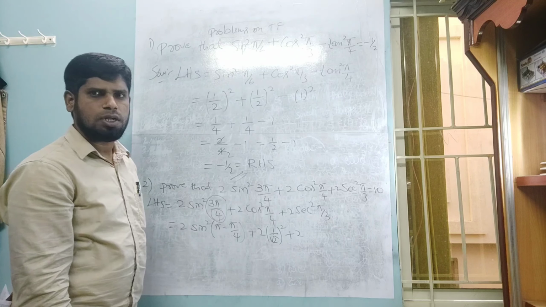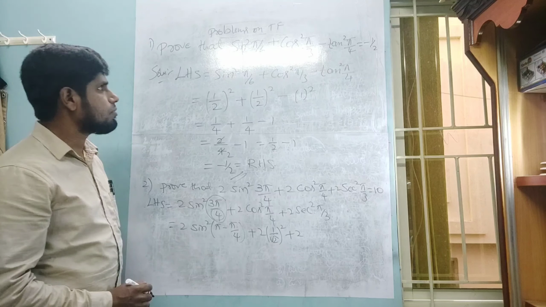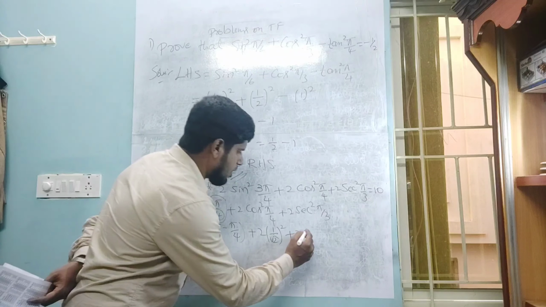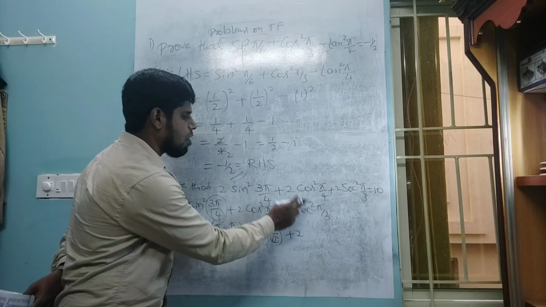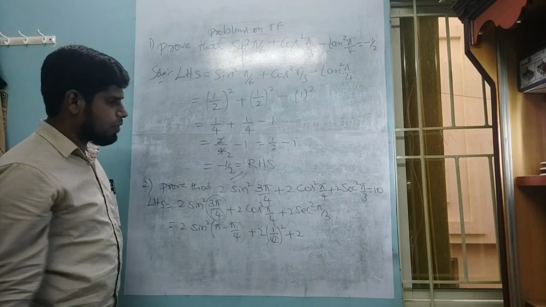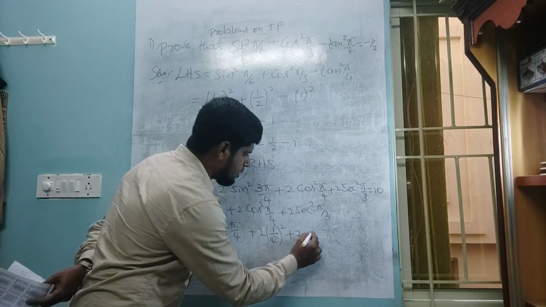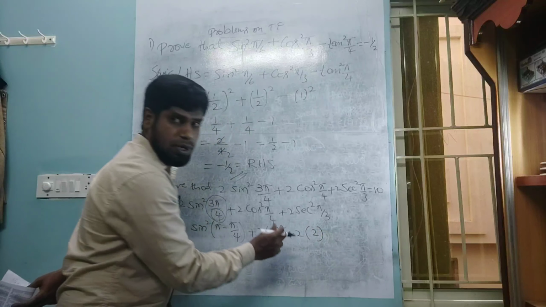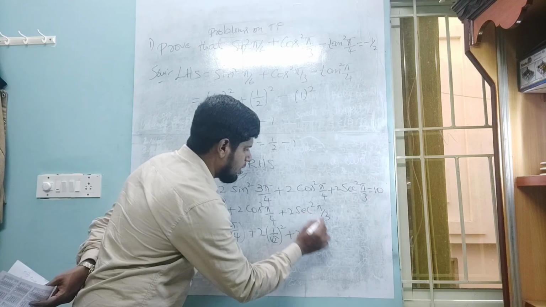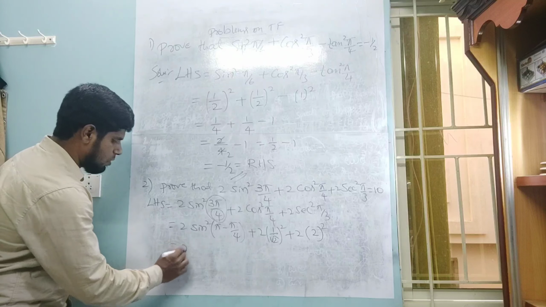So I can write secant square as the reciprocal of cos pi by 3. What is cos pi by 3? It is 1 by 2, cos 60 degrees. So secant 60 degrees is 2, because secant and cos are reciprocal to each other. And it has a square, so the square comes to the value. Now 2.